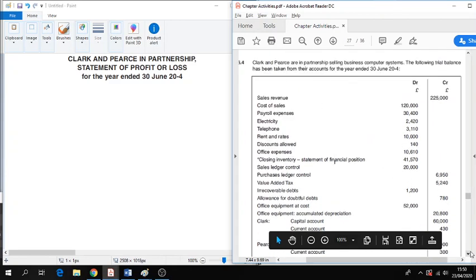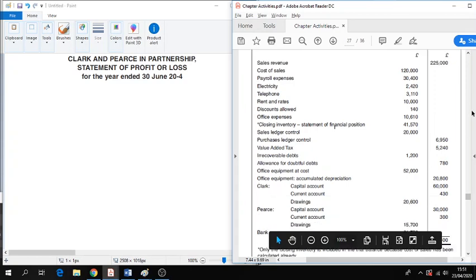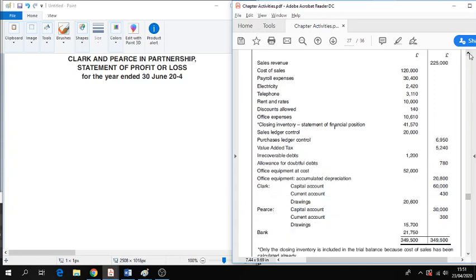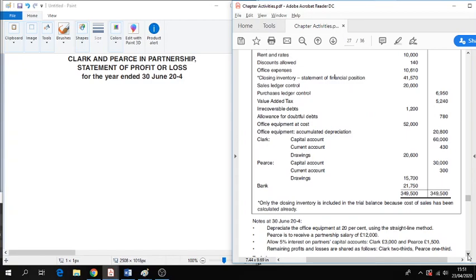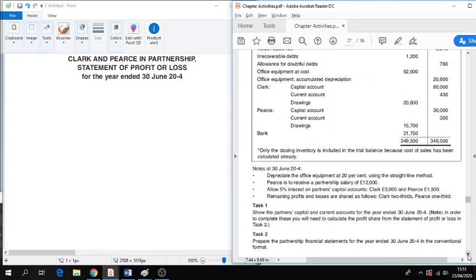So Clark and Pierce are the two individuals, 30th June 2014-4. I think if I just leave it there, you could probably take a picture or do a screenshot at this particular moment. You've got all the information there for the trial balance. Okay, and you may want to take another screenshot now where you've got the notes and the tasks.